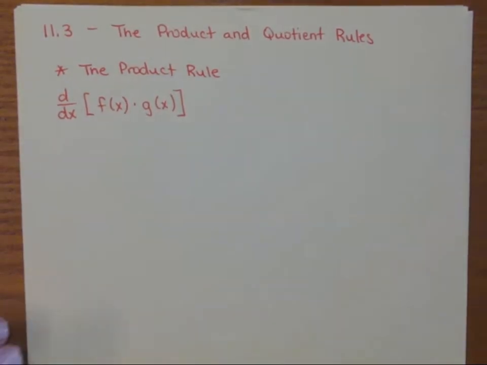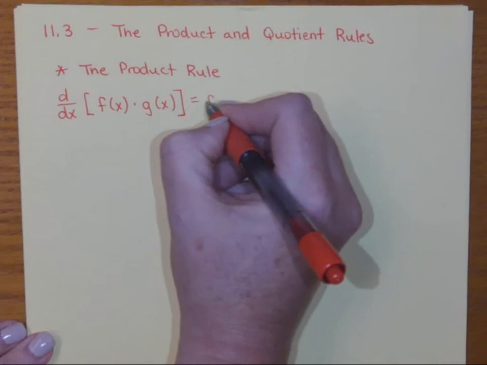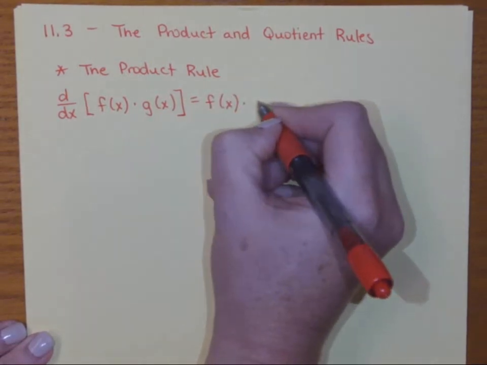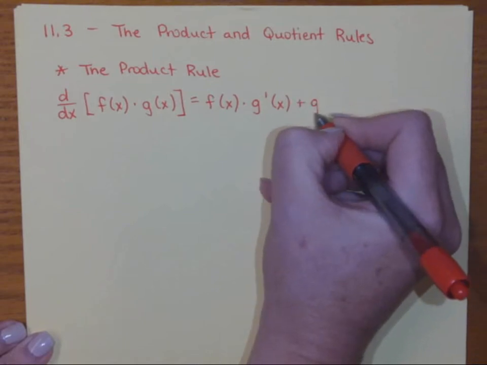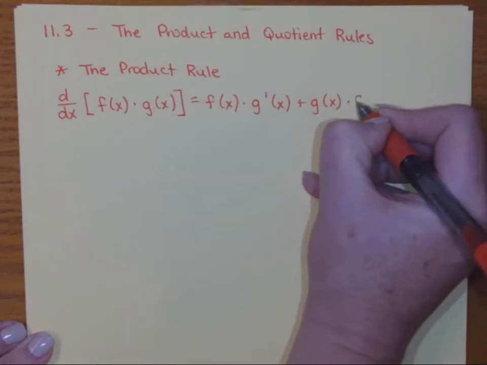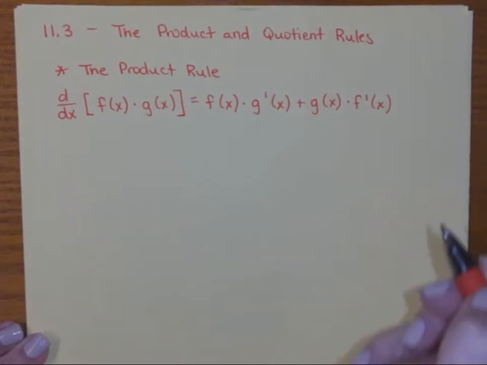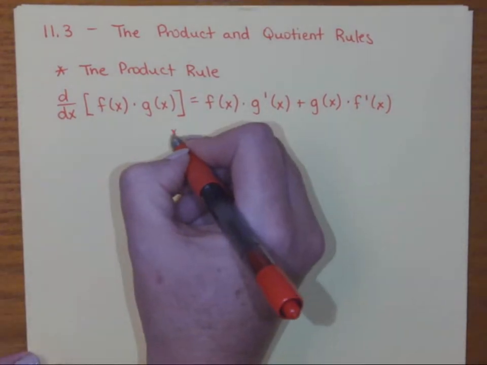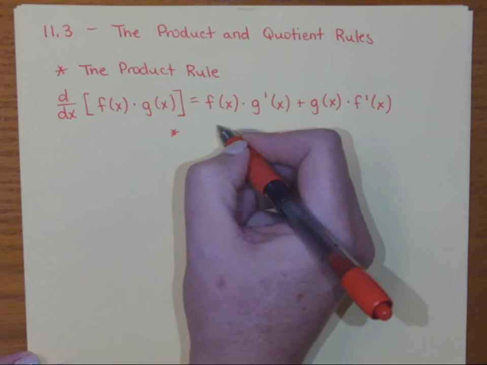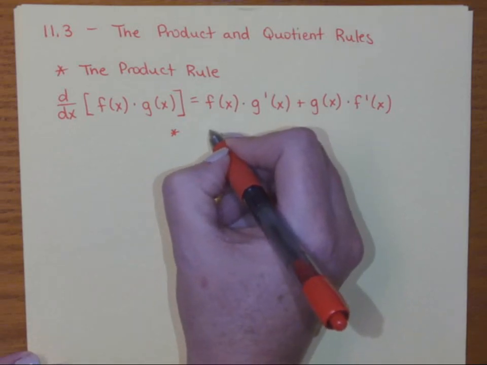So if we're taking the derivative of one function times the other, it will be the first function times the derivative of the second plus the second function times the derivative of the first. Okay, and when I am teaching students this for the first time, I literally have them memorize the words here.